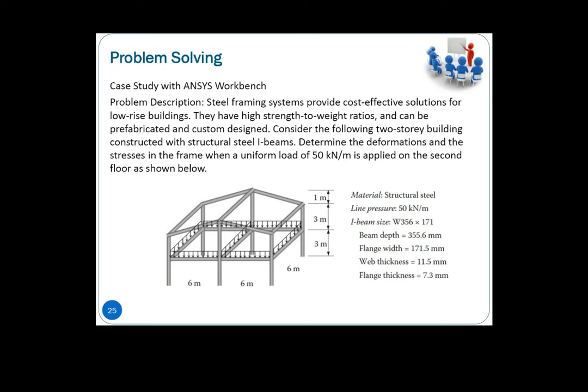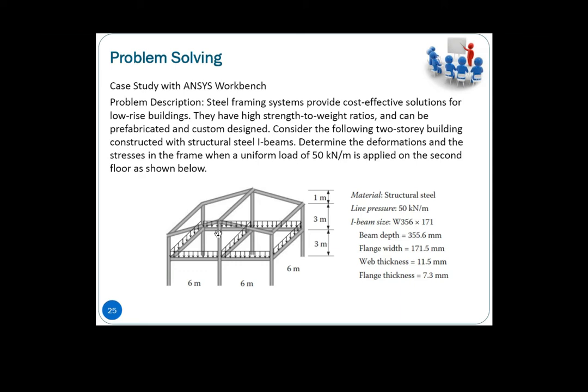It's 6 meters wide, 6 meters also here. Then for the height, of these two beams, if you can see, this beam is 6 meters, and this beam is higher.